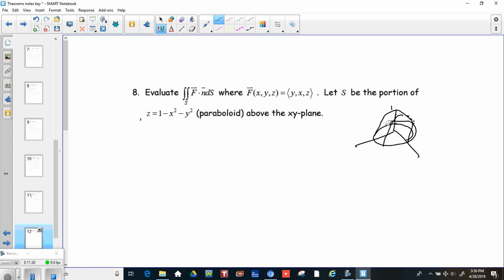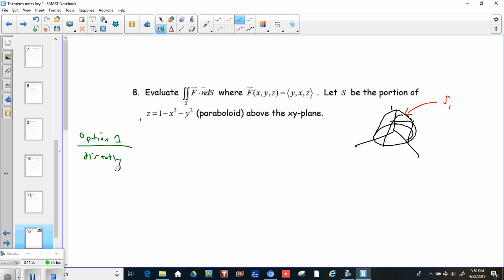The problem is this thing is not closed. It's just talking about the portion of the surface above the xy plane. So it's really talking about this piece up here. That's our surface. In this case, we're going to call that surface 1, and you'll see why in a second. So one option is we could do this directly.